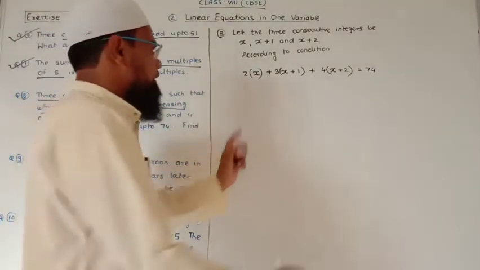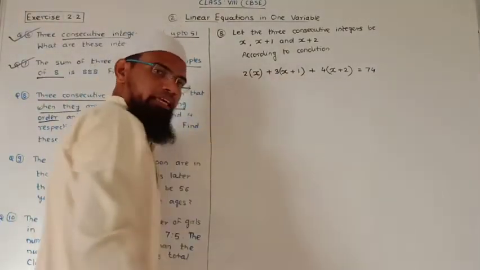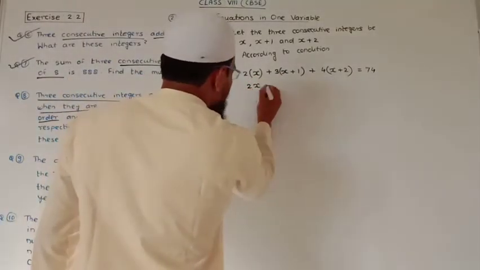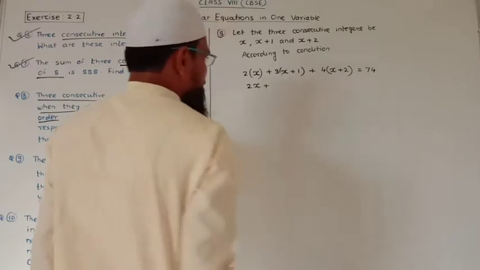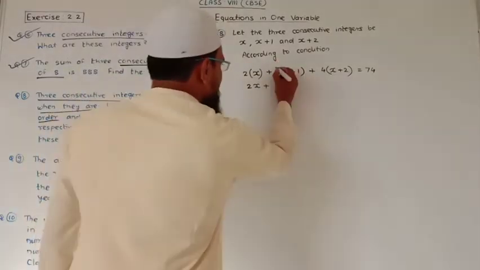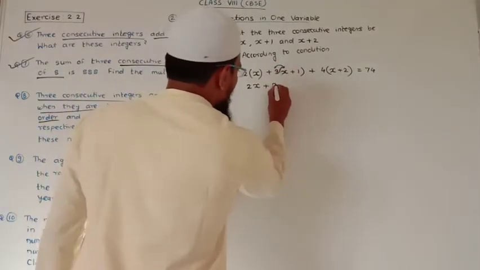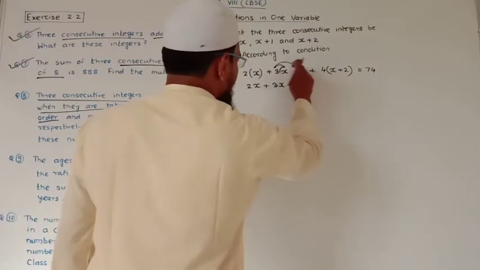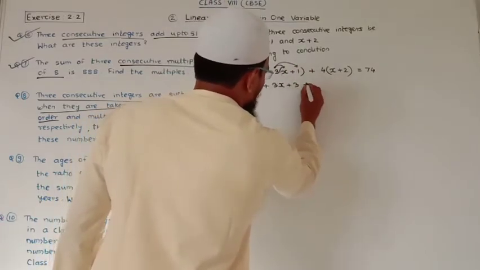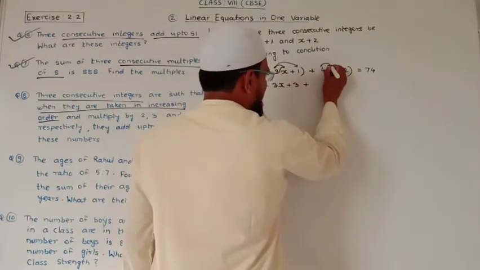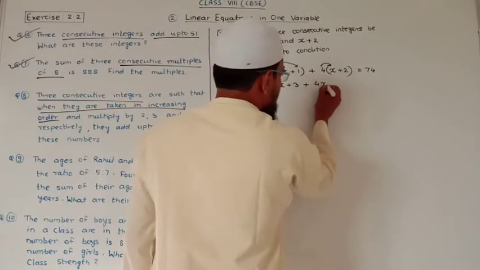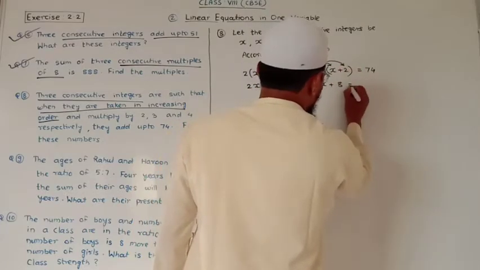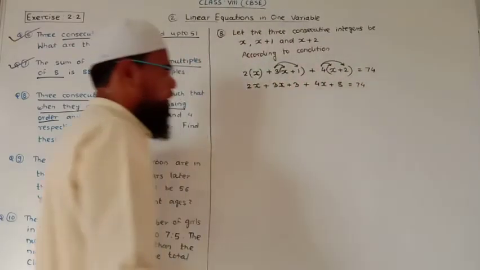So now we solve this bracket. 2 into x is nothing but 2x plus, first we multiply 3 into x means 3x, and after that 3 into 1, 3 1s are 3, plus here 4 into x, 4x plus 4 into 2, 4 2s are 8 is equal to 74.